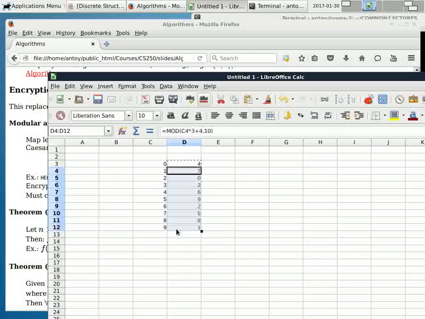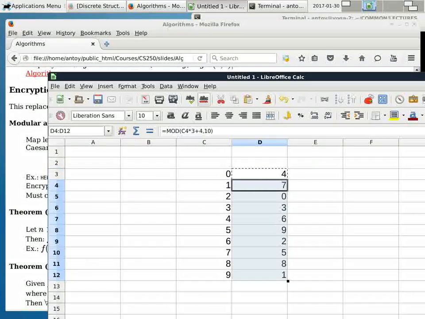All right. So, can you see this well? This would be the encryption of the digits rather than the letters. 0 is encrypted to 4, 1 to 7, and so on. And you see how these look scrambled? Can you see any order in this one? Not really, right?